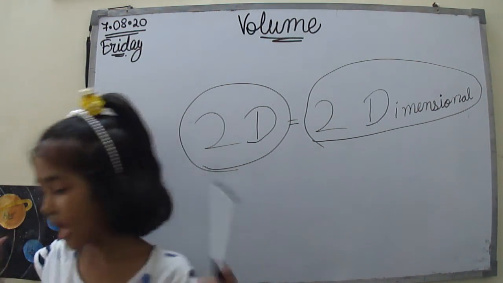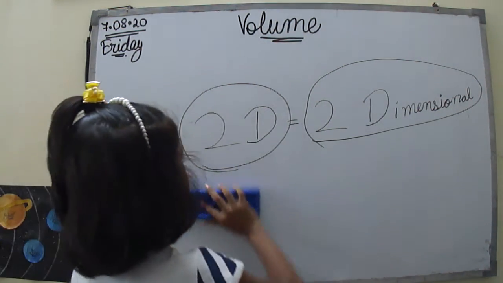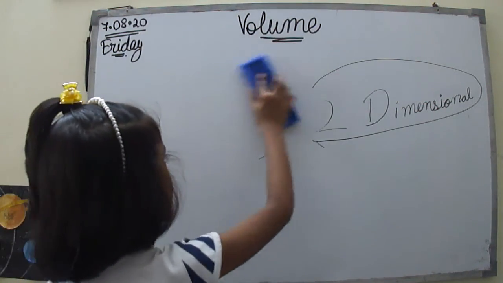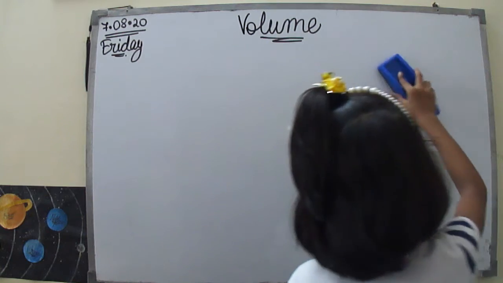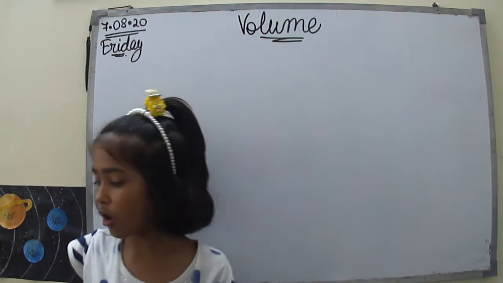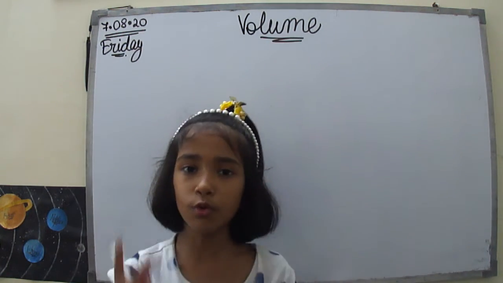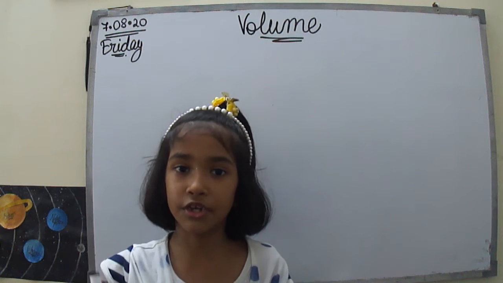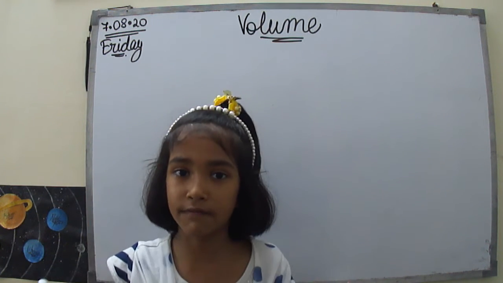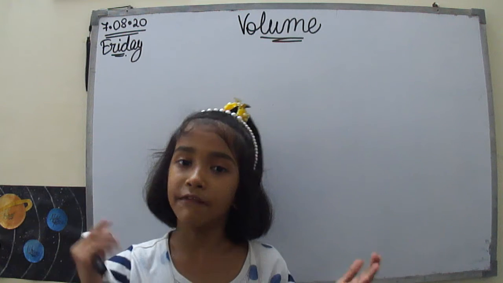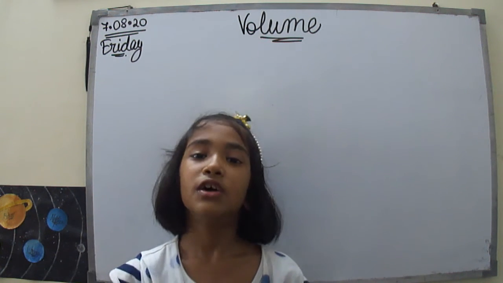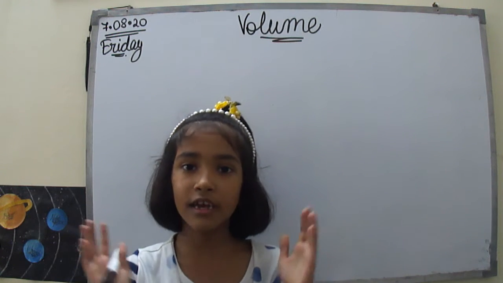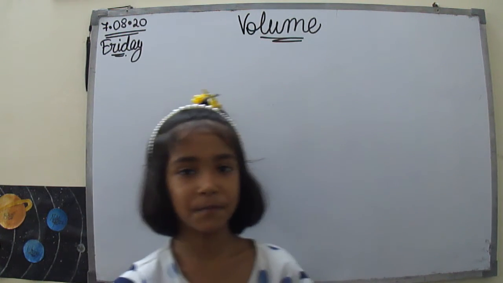That's why I told you that any object has 3 dimensions, because a 2D shape has only two dimensions. That's why we cannot fill the water in 2D shapes, and we can fill the water in 3D shapes. So I think you should be clear with this question.